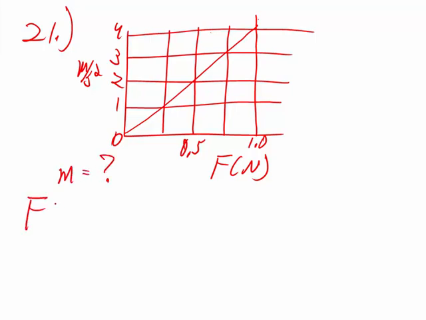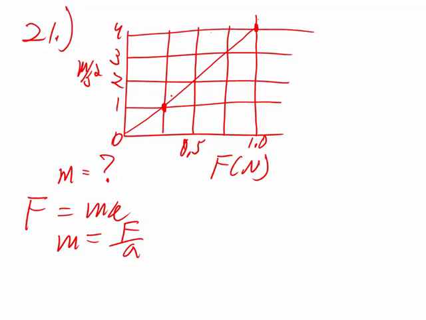Well, we know Newton's second law, F is equal to ma, and so m is equal to F over a. So basically what we need to do is take the slope of the line, and let's just pick our points right here. By the way, they're supposed to meet right there, and right here where the line, and I didn't draw it exactly through the corners, but it does go through the corners exactly.